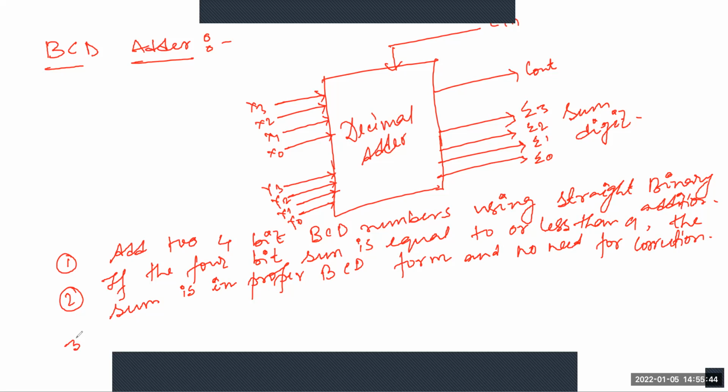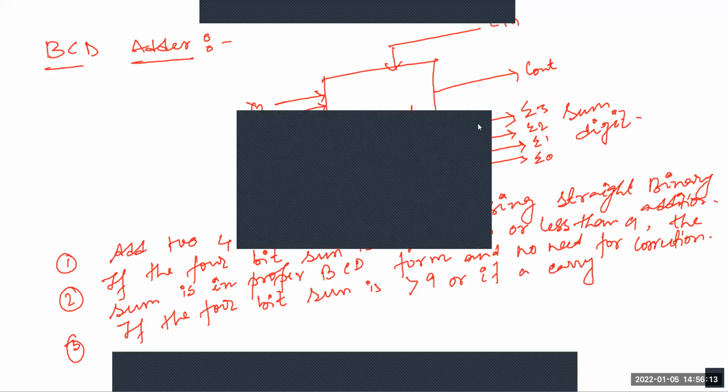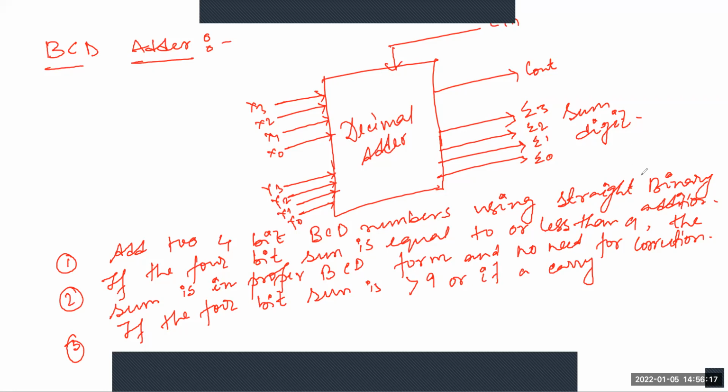Number 3 is that if the 4-bit sum is greater than 9, or if a carry is generated from the sum, the sum is not in the BCD form.